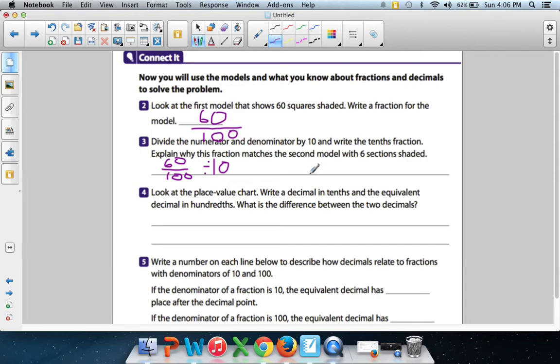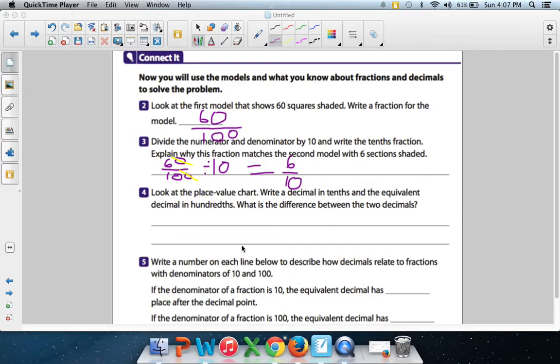Explain why this fraction matches the second model. When you divide by 10, that means you make the zeros go away. Goodbye 0. You are now a new fraction.